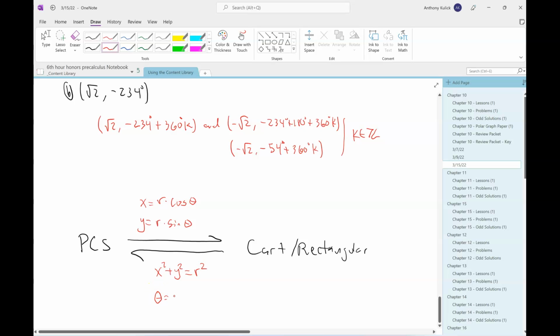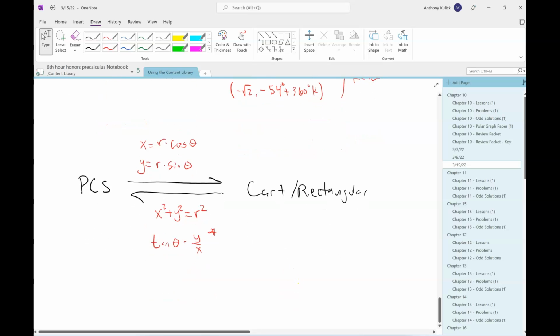And then for theta, I should say tan theta equals y over x. And I'm going to put a little asterisk there because that's not quite true, but we'll show you how we use it.